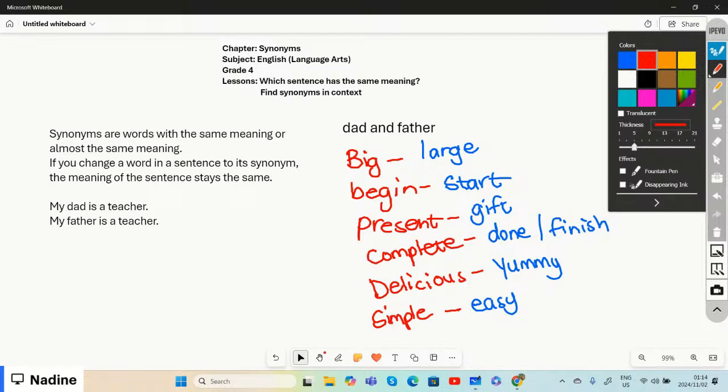There were a few questions in the test that were a bit difficult. What is a word that is the same as or almost the same as difficult?